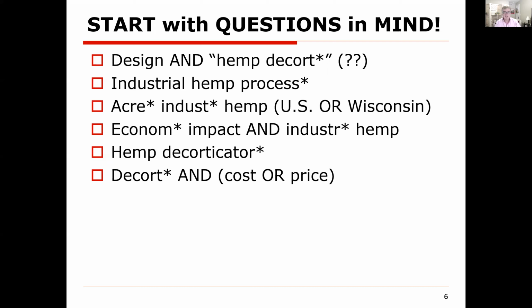What I would like to suggest is you begin thinking about some very specific questions. In this case, we want to know what types of designs have been tried in the past. What is hemp decortication? What does that mean? How many acres of hemp need to be decorticated? What's the economic value of that product? There's a number of questions here.